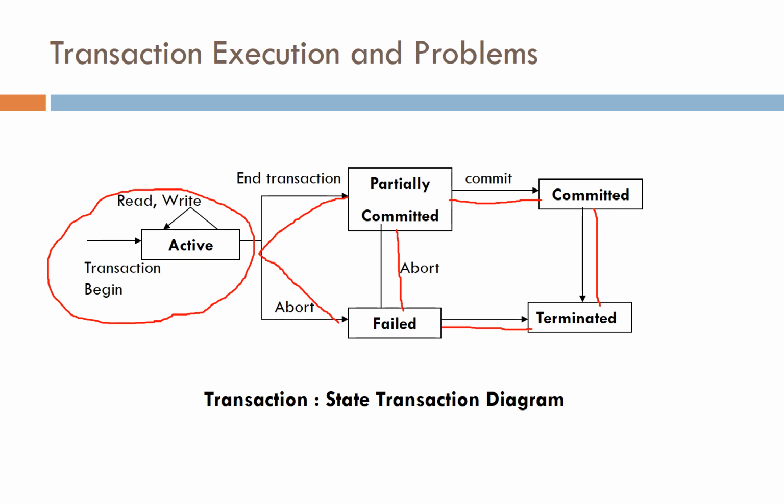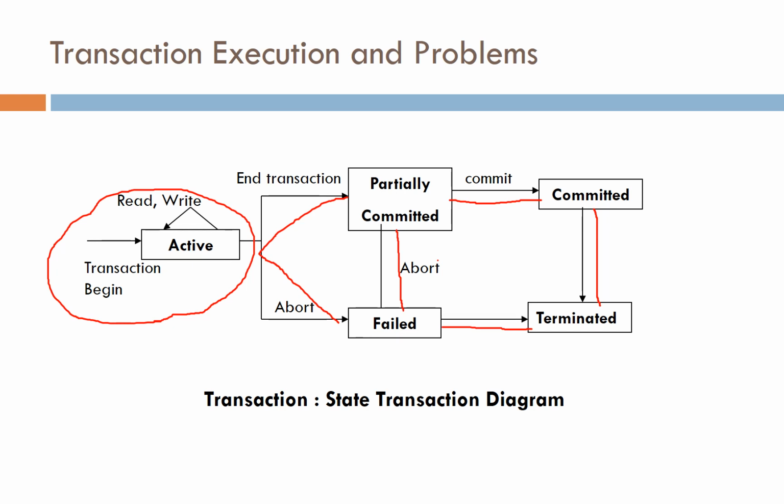From the partially committed state, where the changes are temporarily stored in a buffer area, those changes go to the next state, which is the failed state, if any error occurs or any cause is generated.